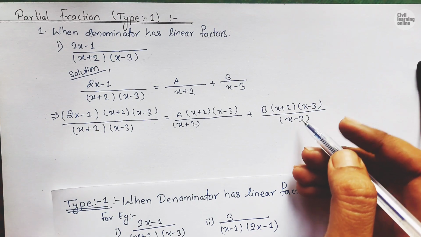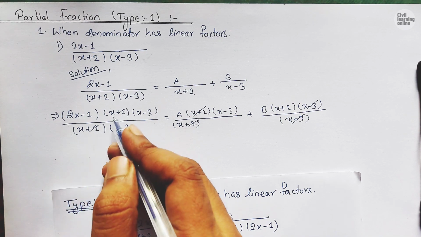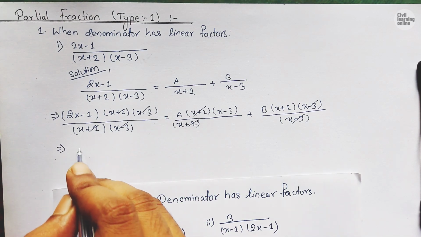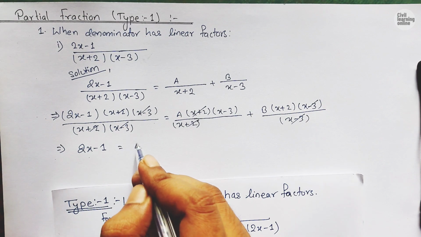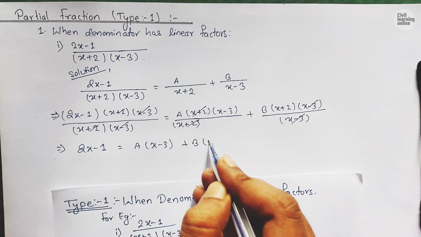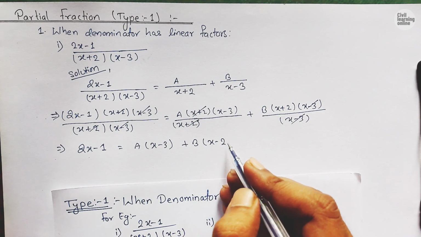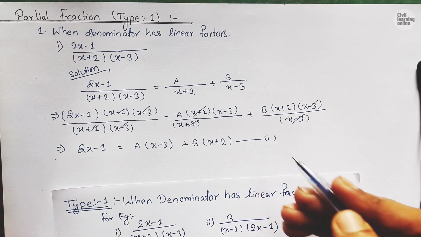Now cancel out the like terms. We are left with 2x minus 1 equals a times x minus 3 plus b times x plus 2. Let this be equation 1.